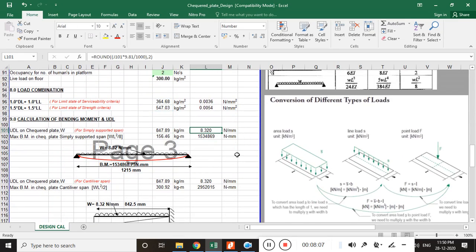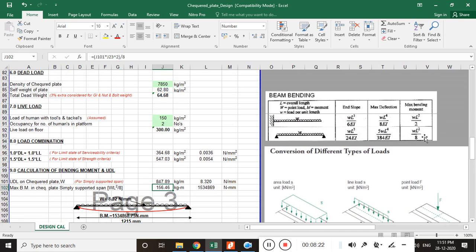So now I have converted that load into Newton per mm, and here I have calculated the maximum bending moment. The formula for the maximum bending moment is WL square by 8 for the simply supported condition. Basically there are two supports and the load is distributed along the length.